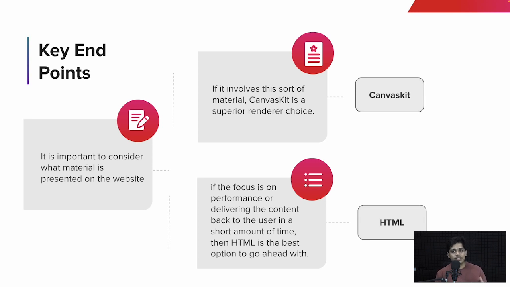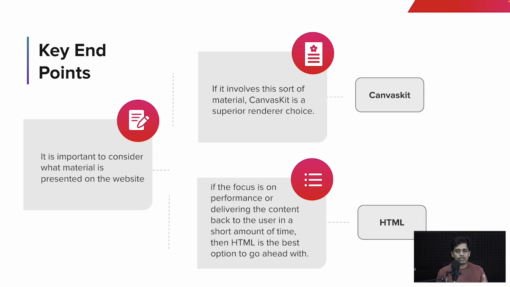Then it's actually better to go with HTML than CanvasKit. But let us say that your web application is more on the UI. Let us say that you have a lot of UI, you have a lot of animations, you have custom shaders, then you have paragraph shaping and a lot of content. Then it's actually better to go with CanvasKit.